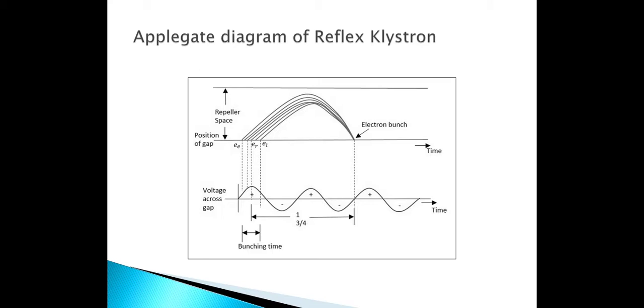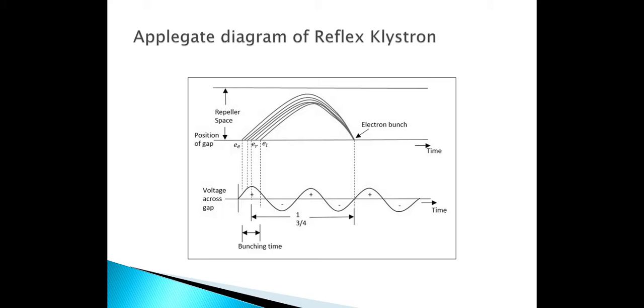The RF voltage that is produced across the gap by the cavity oscillations acts on the electron beam to cause velocity modulation.